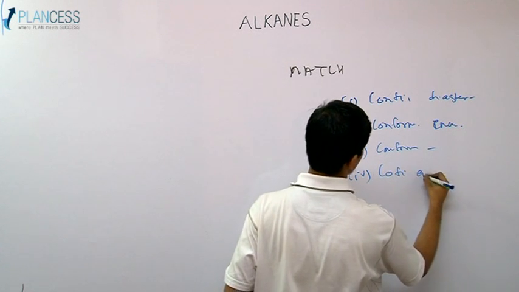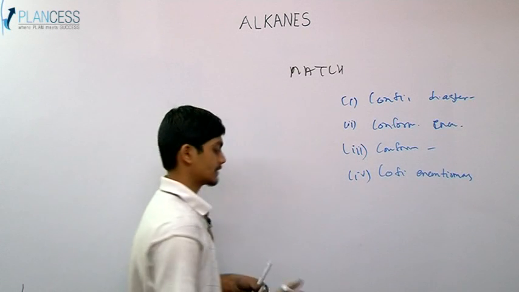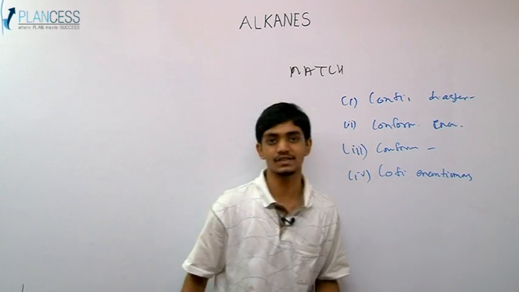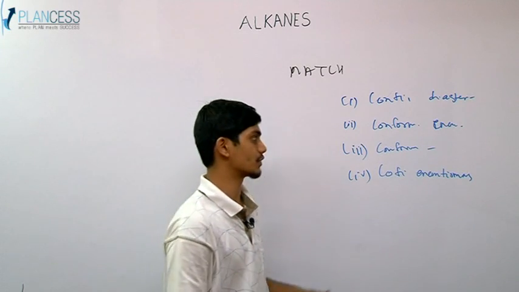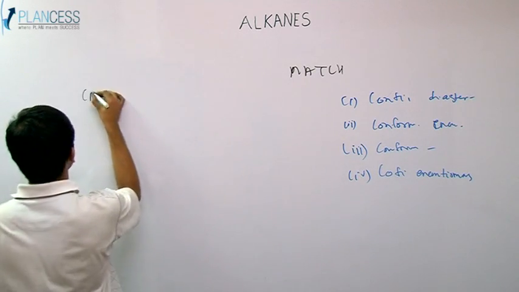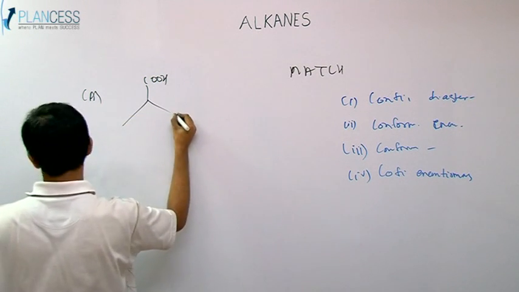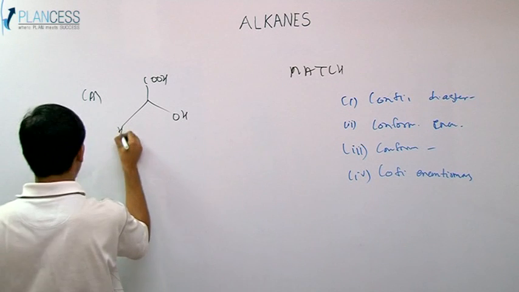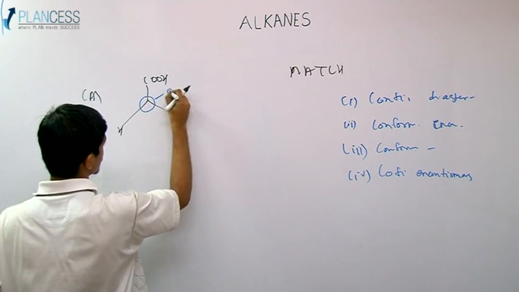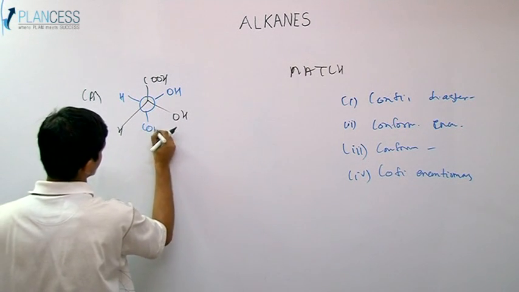configurational enantiomers. So as we have seen in the basic lecture, it is possible to have enantiomers both in the configurational as well as in the conformational way. So let me give you now the options. I will give you the Newman projections, you have to tell me the answer. OH, H, and the back carbon, it says OH, H, and COH.